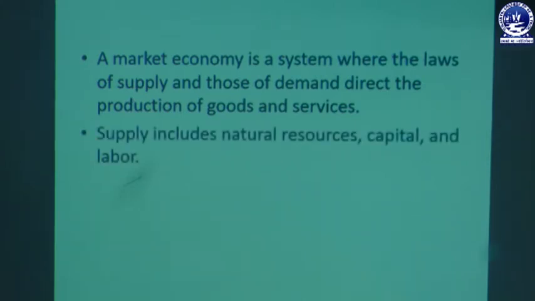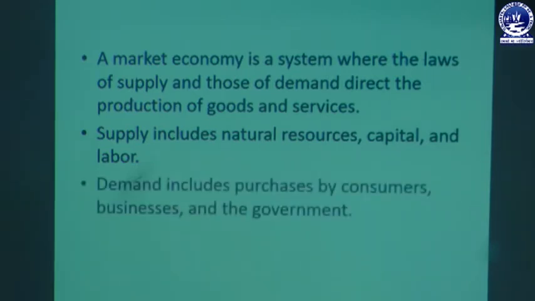The supply includes natural resources, capital and the labor that are included in that market. So, these are the supplying agents. And the demand includes the purchases by the consumers, the business and the government. So, this is what the market economy is.